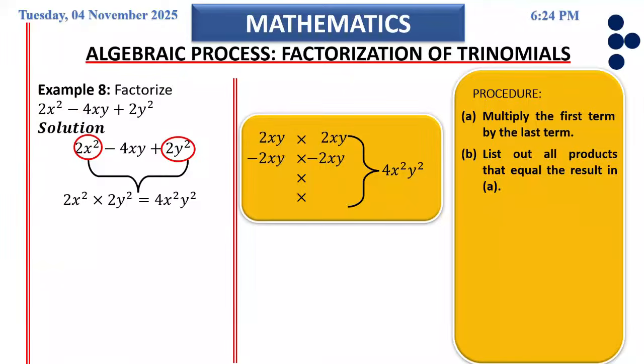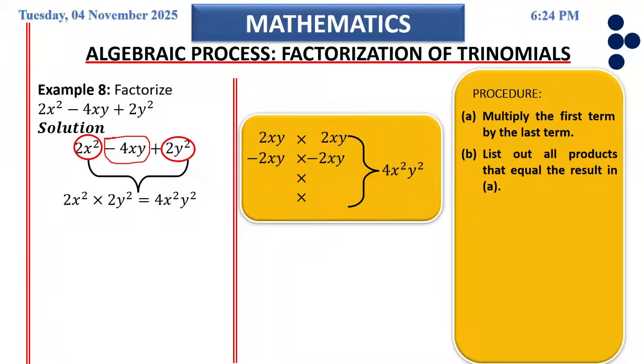I know somebody is asking, why can't we just do 2y squared times 2x squared? The reason we can't do that is, don't forget we have a target. We are trying to split the middle term here, and you can see the middle term is in xy. If you do it that way, you will not get this and you will get stuck. You won't be able to solve the question.